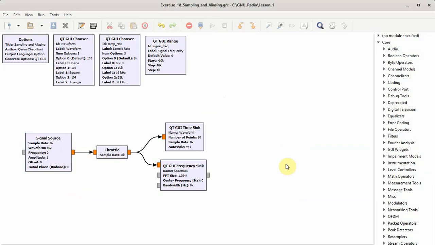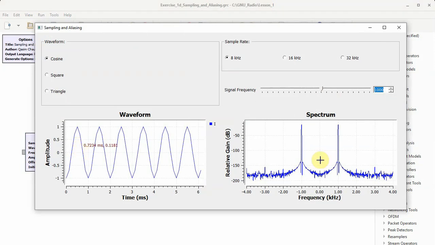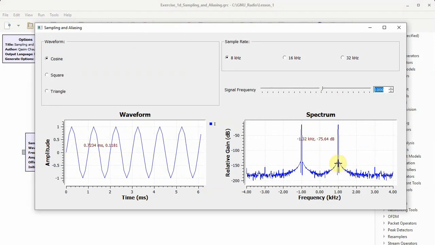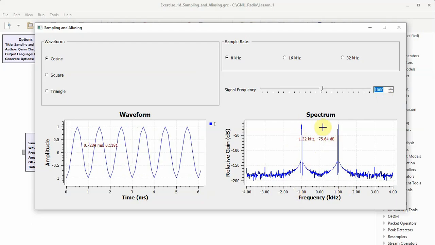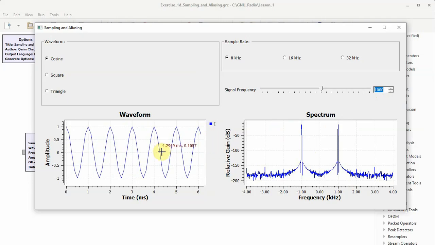If we run the same program, we have already covered that the spectrum of a real sinusoid is displayed by two different spectral impulses. So 1 kilohertz, minus 1 kilohertz. Their amplitude is half as compared to what it would have been for a complex sinusoid.